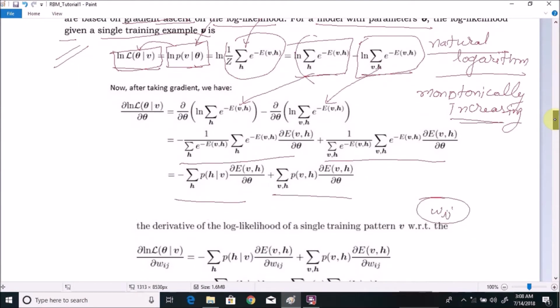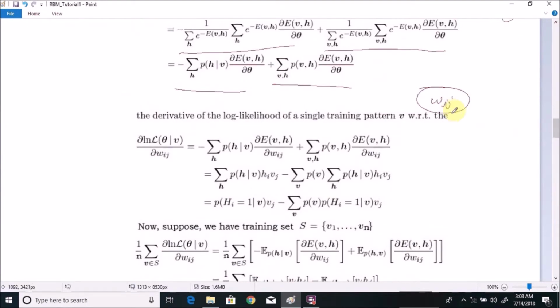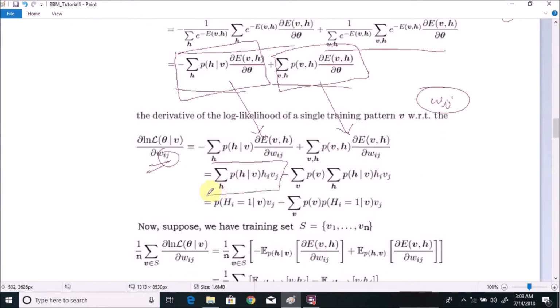So now let us start with the weight factor. Taking the derivatives with respect to Wij, this part comes here and this part comes here, and after taking derivatives, it can be simplified to this part and this part. Now, further simplifying, we get this and this part.